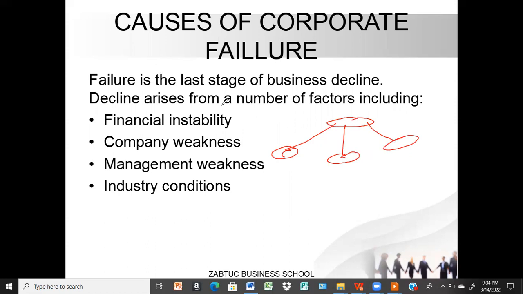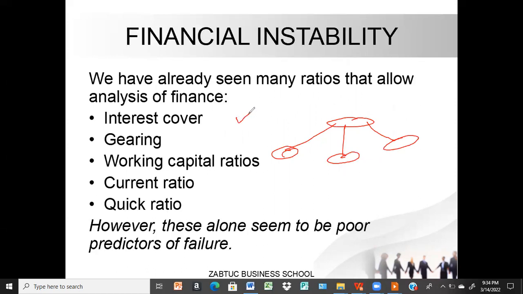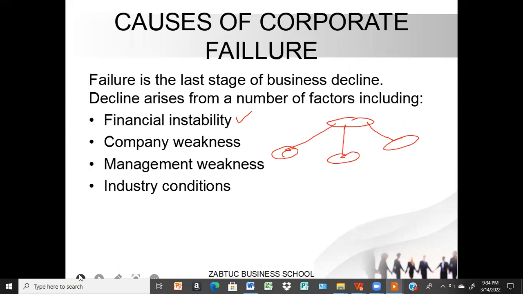Failure is the last stage of business decline, arising from a number of factors: financial instability, company weaknesses, management weaknesses, and also probably the industry.